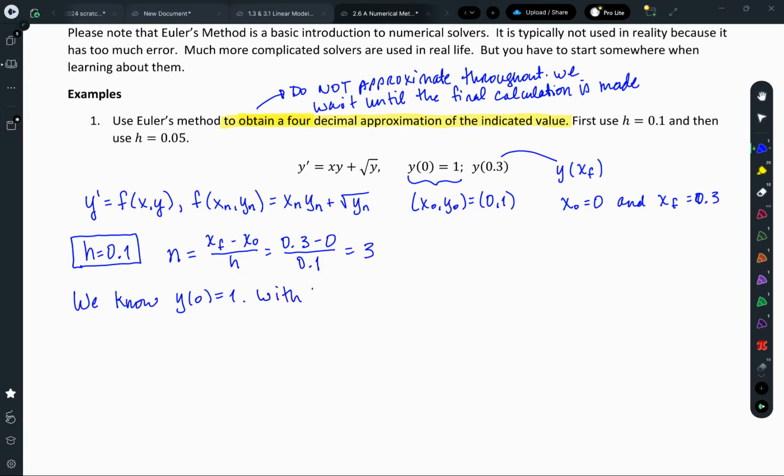So with h equal to 0.1, we'll know that x1 is equal to 0 plus 0.1, which is 0.1, and x2 is equal to x1 plus another 0.1, so that'll be 0.2, and x3 will equal 0.3, just add another 0.1. Okay, so those are the x values that we're concerned with, and notice that x3 equals 0.3. That is the final x value that we're concerned with.